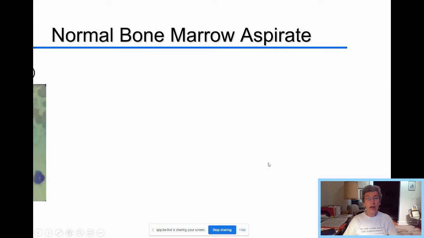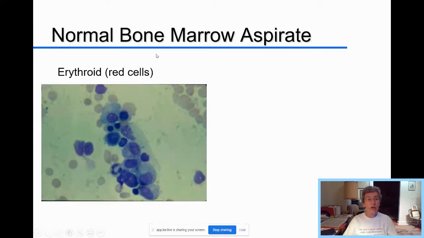A normal aspirate is shown here. These are the red cells or erythroid precursors. They contain nuclei, and as the cells mature, they get smaller and eventually down to the size of a red blood cell. And the nucleus becomes very much smaller until it is finally extruded and cleared out by the spleen.